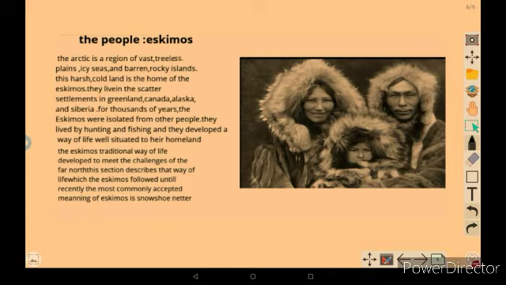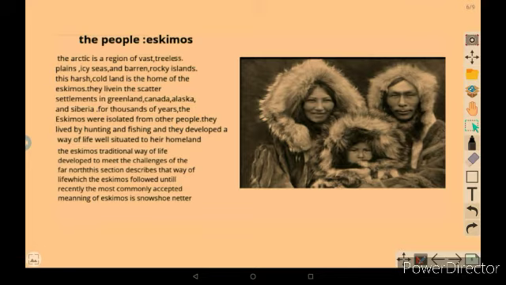Snowshoe netter. That is the meaning of the name Eskimos. So snowshoe netter. We need to not forget this name.